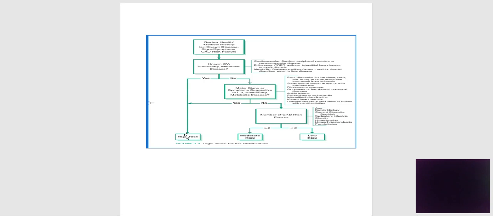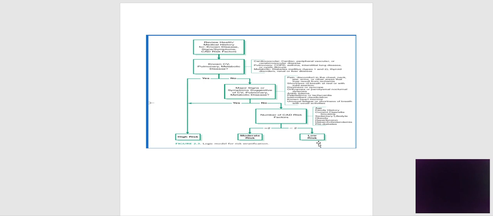They are really only high risk if they have more than 2 risk factors, if they have any signs or symptoms of cardiovascular disease, or if they have a known cardiovascular, pulmonary, or metabolic disease. That's how you score or be determined as high risk. All right. If they have greater than or equal to 2, then they're considered moderate risk. And if it's less than 2, then they're low risk.